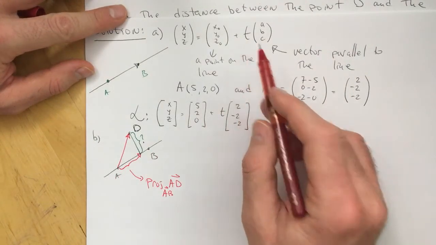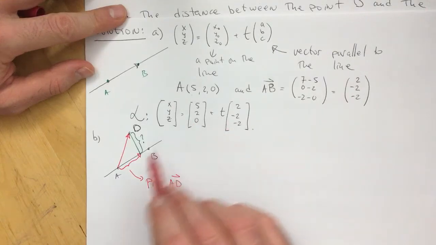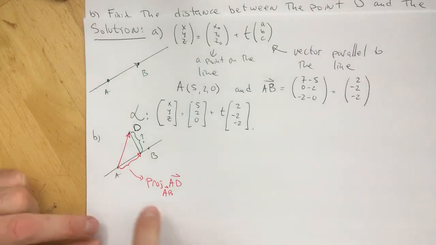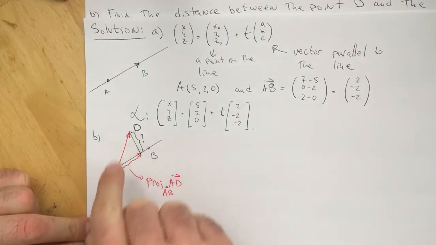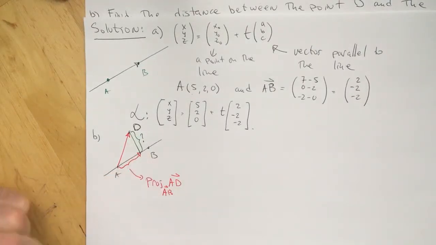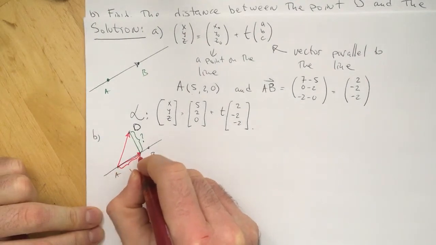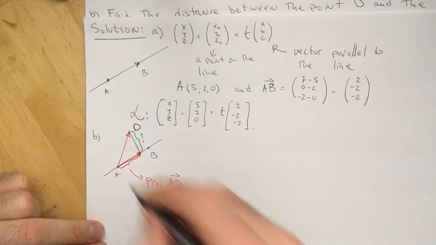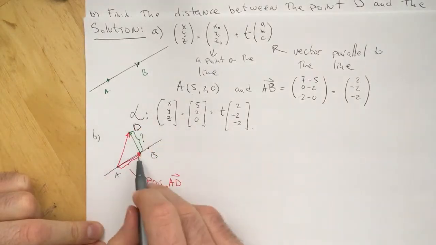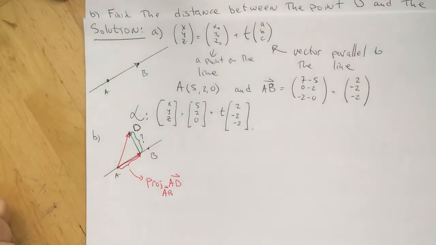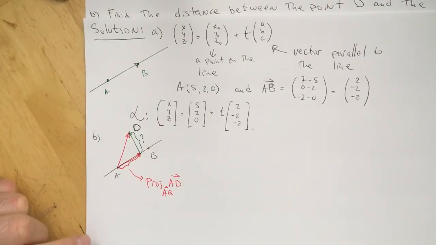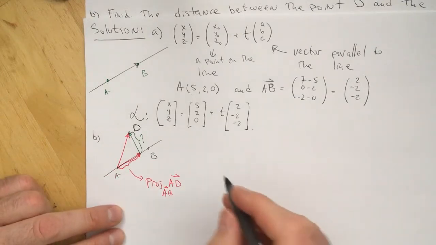For example, if we choose t equal to 0, then indeed I'm going to obtain the point A. Once we find the projection of the vector AD onto the vector AB, that's this vector right here, their difference is just going to be this green vector right here. Finding the magnitude of that vector gives us the distance between the point D and the line passing through A and B.